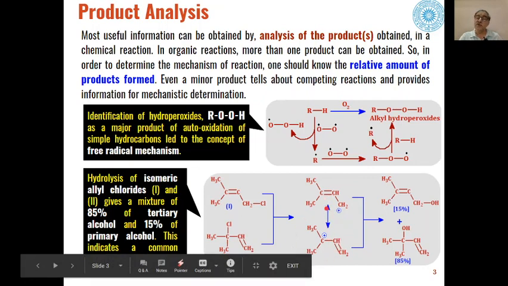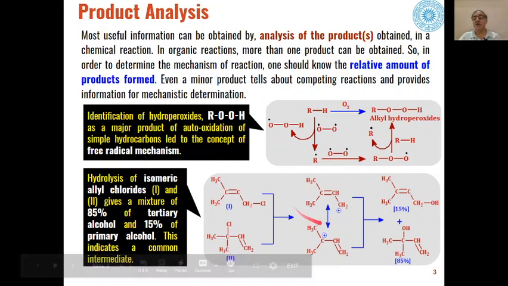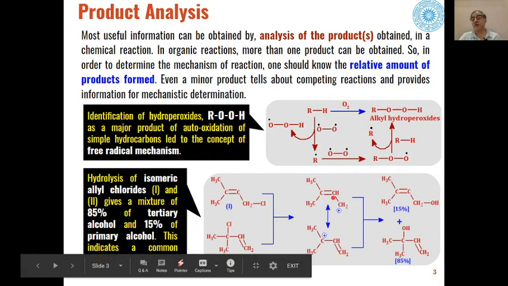And we know that a primary carbocation is less stable as compared to a tertiary carbocation. So that is why this tertiary carbocation is formed from this primary carbocation, and the time taken for this conversion of primary into tertiary determines the products which are formed.